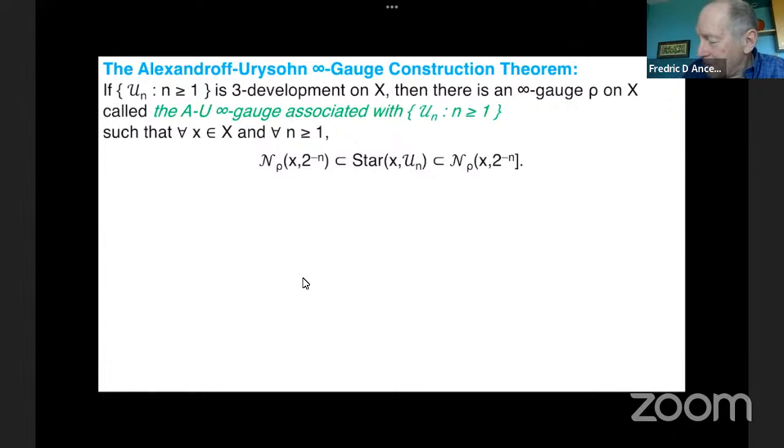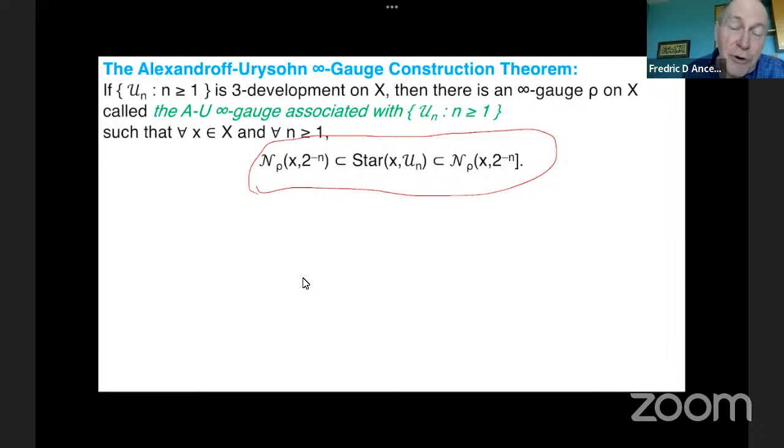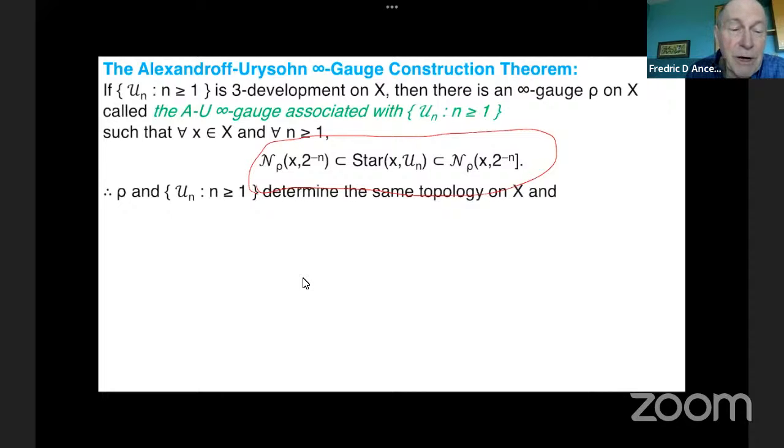So what this is telling me is that the topology determined by the development is the same as the topology determined by the gauge.